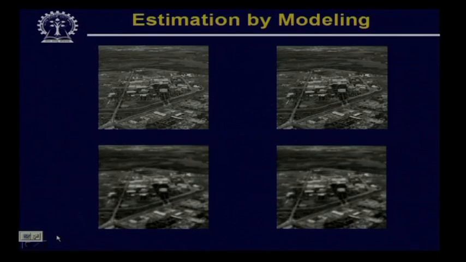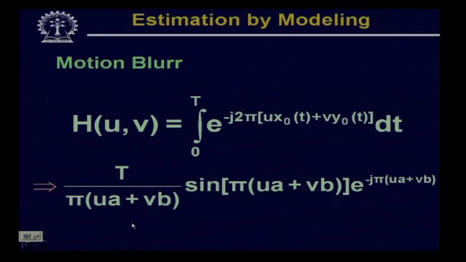The second mathematical model that we have considered is motion blur, or the blurring which is introduced due to motion. We have said that because the camera shutter is kept open for a finite duration of time, the intensity obtained at any point on the imaging sensor is not really coming from a single point of the scene.